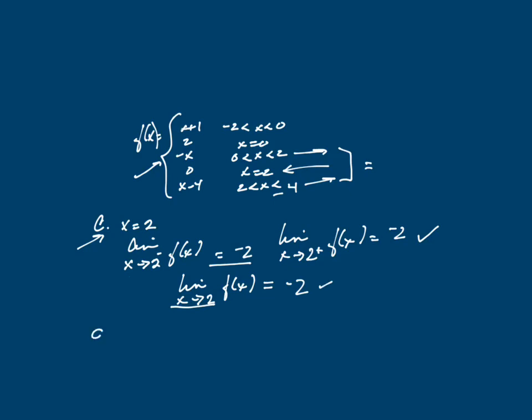So that's C. D is at x equals 4, and if you look at the piecewise, it stops at 4, so we can't have anything more than a left-sided limit. So the limit as x approaches 4 from the left of f of x is x minus 4, which is 0, but the limit as x approaches 4 in general doesn't exist.